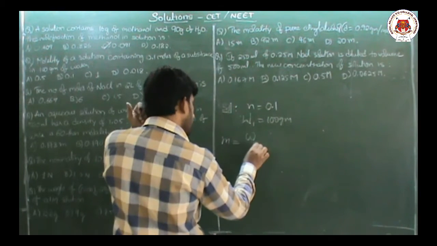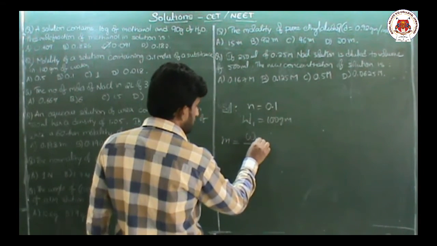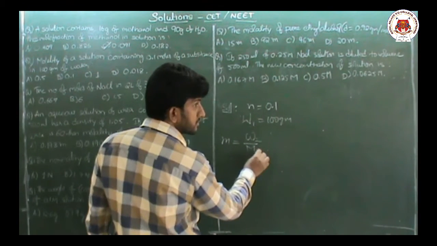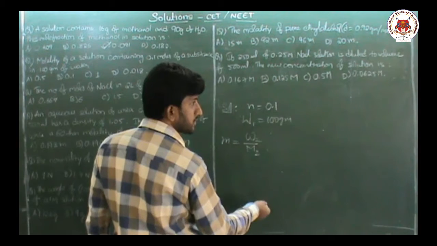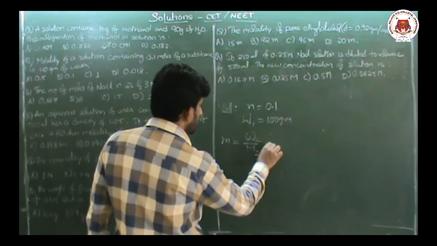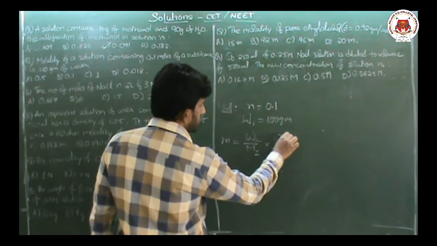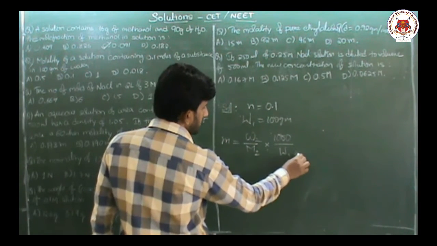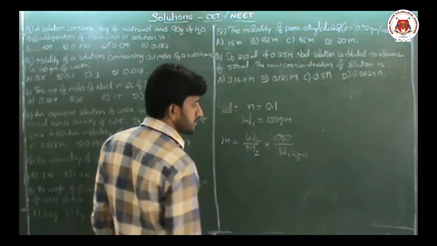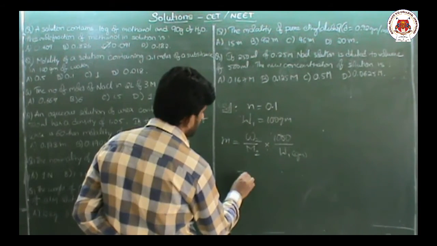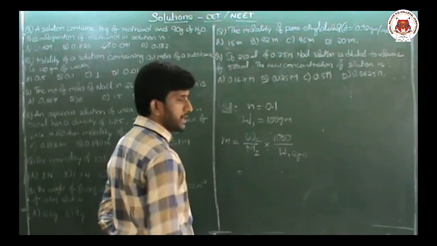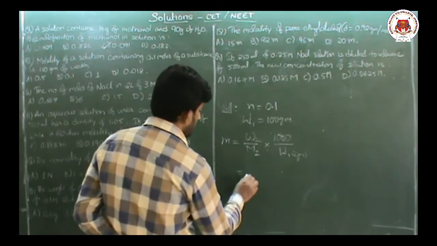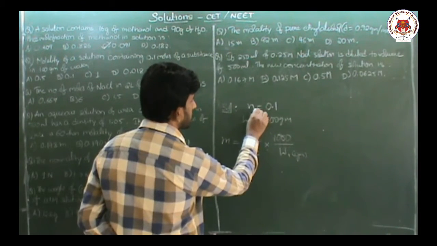Molality is equal to weight of solute by molecular weight of solute into 1000 by weight of solvent in grams. Weight of solute by molecular weight of solute is nothing but the number of moles, which is already given to us as 0.1.